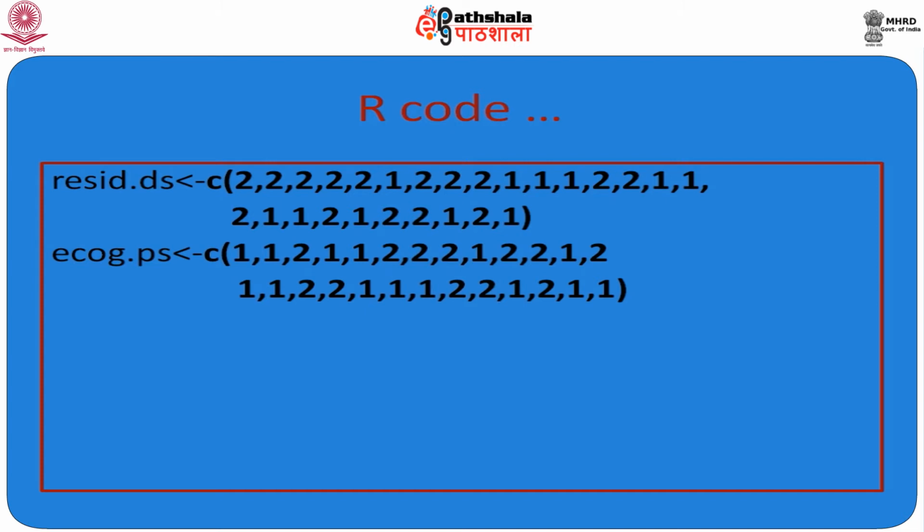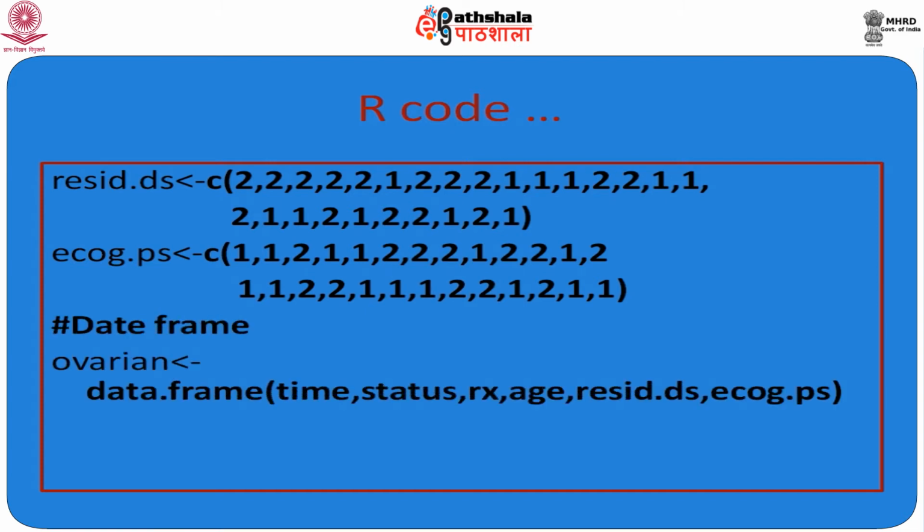Now all the variables, time, status, Rx, age, residual DS and ECOG, are assigned to a database called ovarian through the function data.frame. Now we will work with this database, ovarian, with a specific package to get the Nelson Aalen estimator.